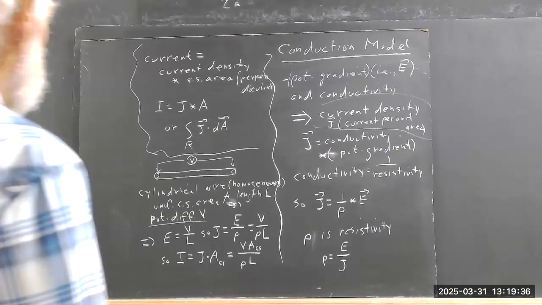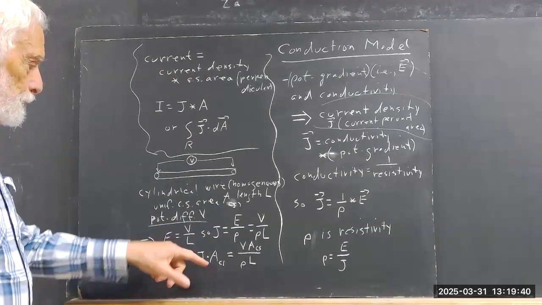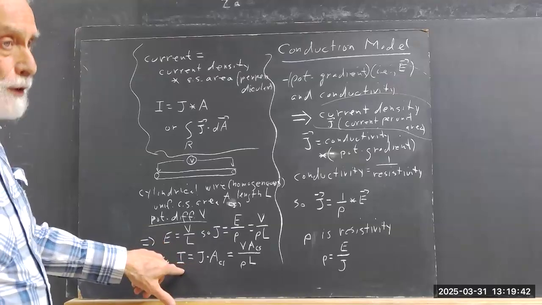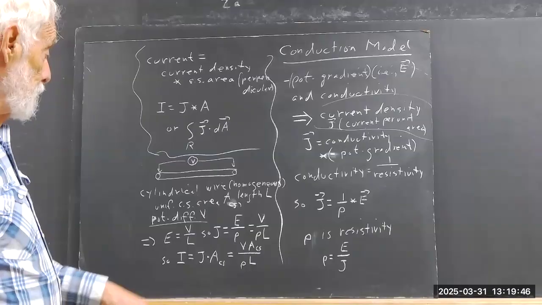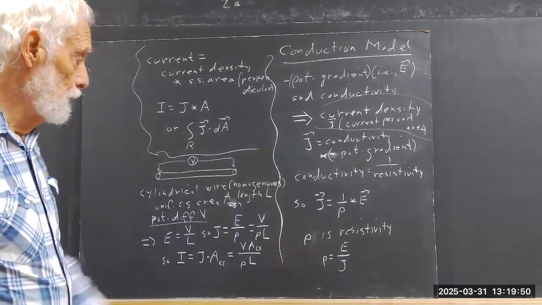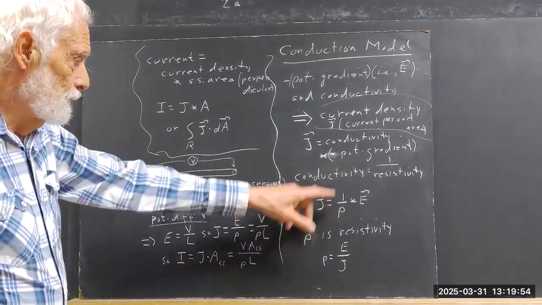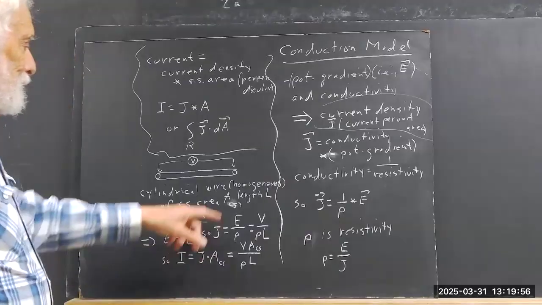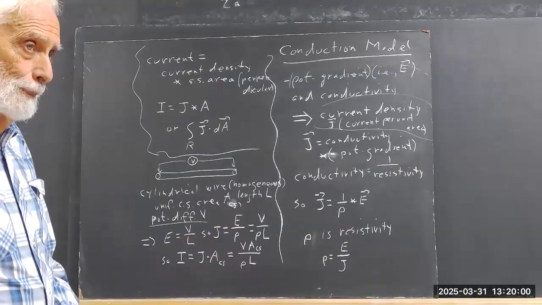Okay, let's go back to what I was saying just a little while ago: I equals current density times cross-sectional area. Current density is E over rho, which is 1 over rho times E. E is V over L and all that stuff. Okay, it comes down to this.